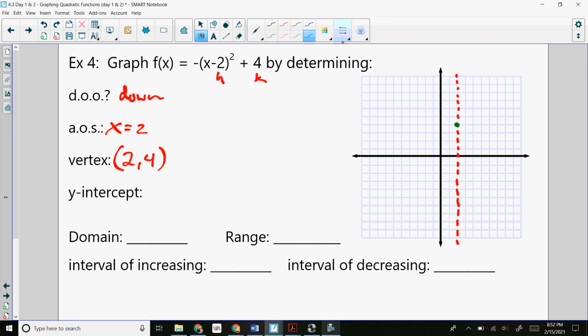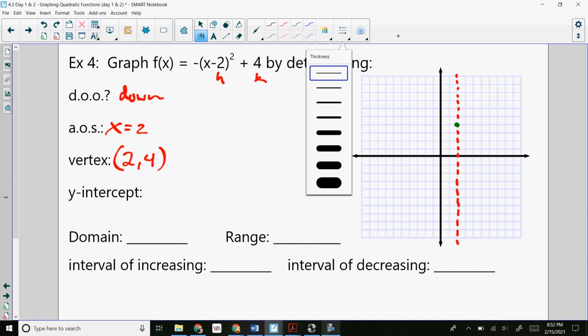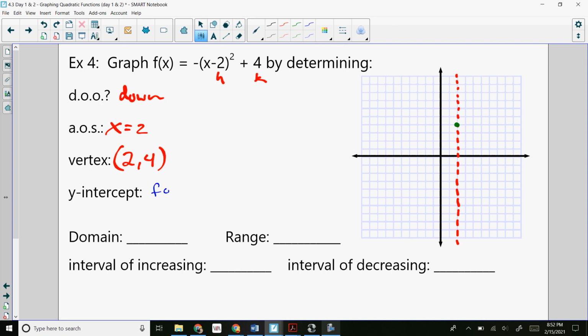And then the y-intercept, this part you do actually have to plug in f of 0. And so in this case, f of 0 is going to be negative times the quantity. And then remember, this is usually f of x, but we're plugging in 0. So I'm going to replace all the x's with 0. 0 minus 2, quantity squared plus 4. Well, 0 minus 2 is -2.